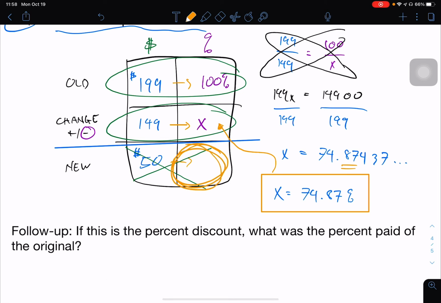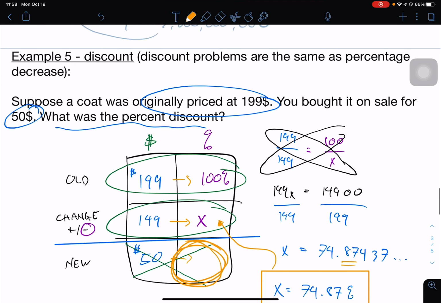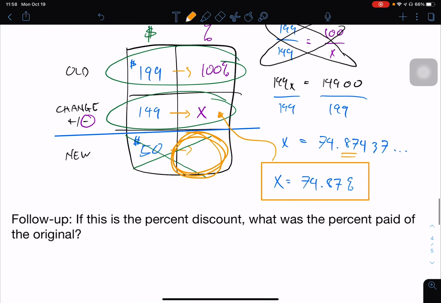But do we have to put a whole proportion and do this all over again? No, you don't. You just subtract. Why do I know you have to subtract? Well, because the fact that it's not only a discount, the fact that the change here is telling you that it's a subtraction problem. So you take 100 minus 74.87, you'll get the percent paid. So 100% minus 74.87%.